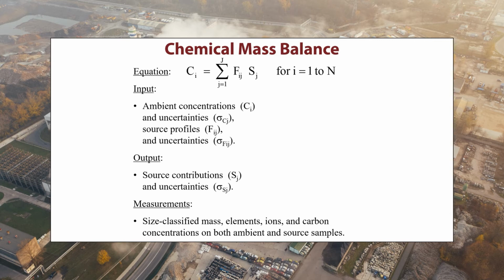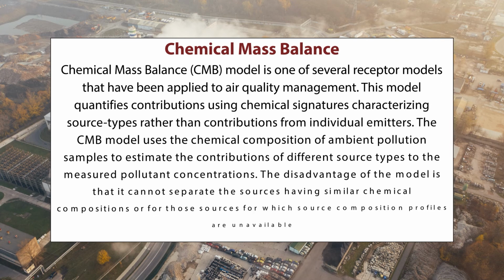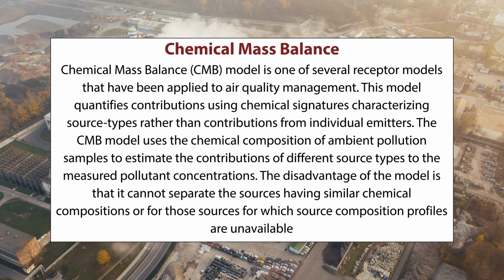So here, the chemical mass balance is one of the commonly used receptor models. This model quantifies the contribution using the chemical signatures characterizing the source types rather than the contribution from individual emitters. So the CMB model uses the chemical composition of the ambient pollution samples to estimate the contribution of different source types to measured pollutant concentrations.